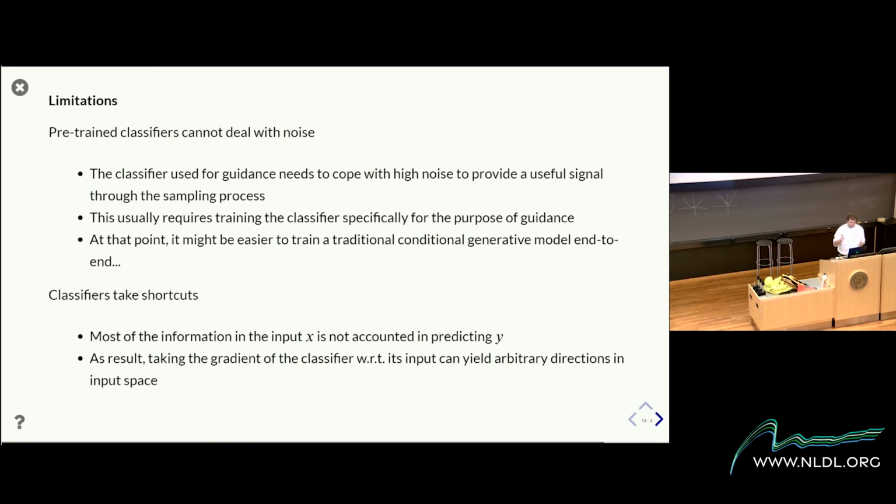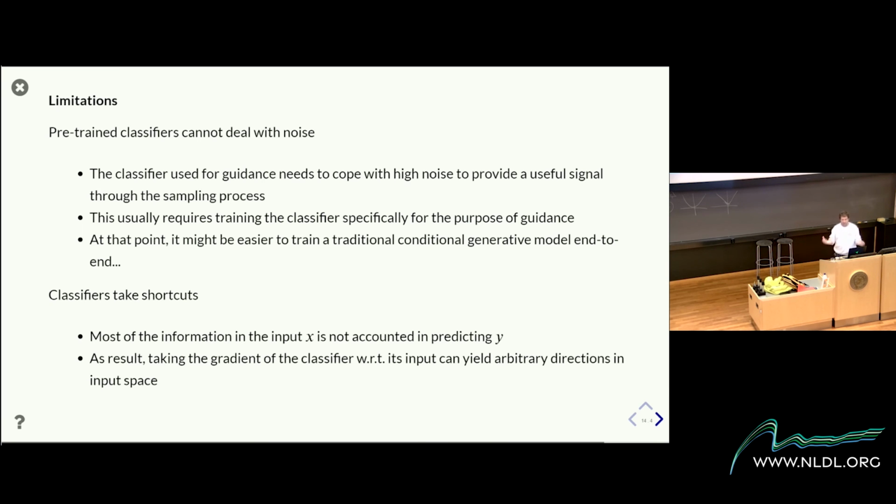The first is that a pre-trained classifier cannot deal with noise, because they are just not made for that. They never see noise during training. But this is a problem because the classifier used for guidance needs to deal with a high amount of noise to produce a useful signal during the sampling process, especially at the beginning, because we have a lot of noise.